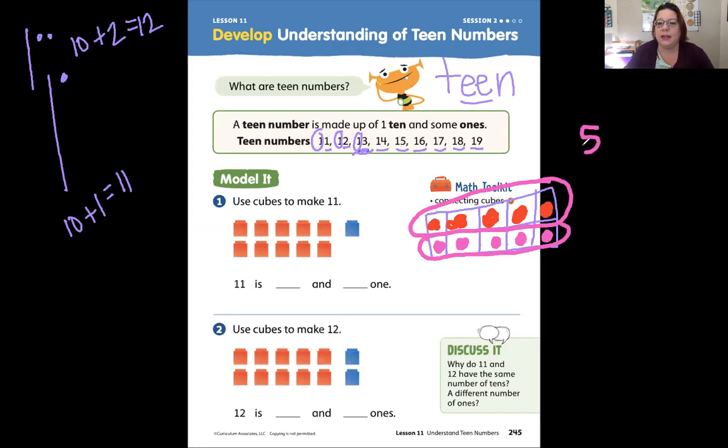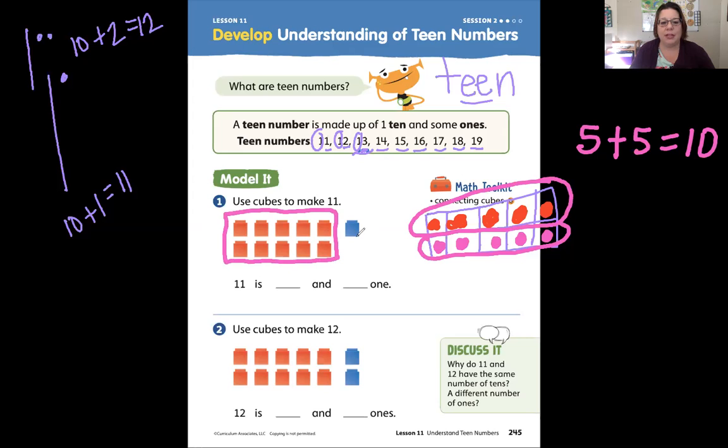I can look at a 10 frame and I should be able to recognize, especially in first grade now, that I have 5 on the top. When I'm looking at that top row of red, it looks like a 10 frame, doesn't it? I think this is one group of 10.